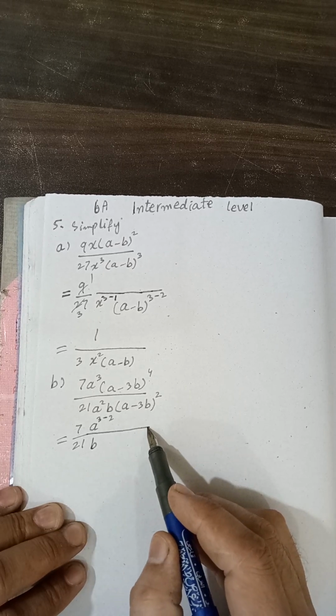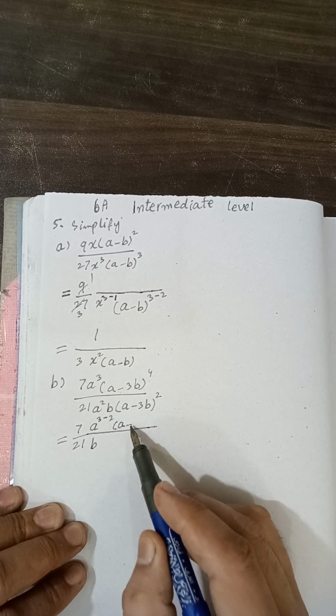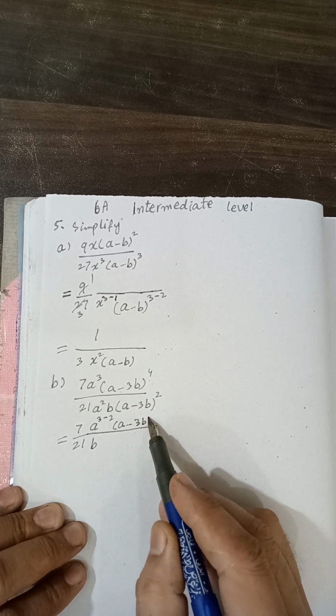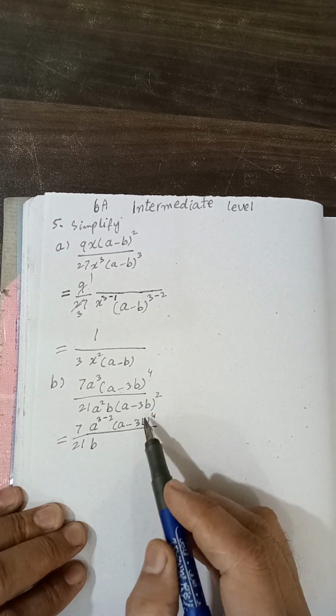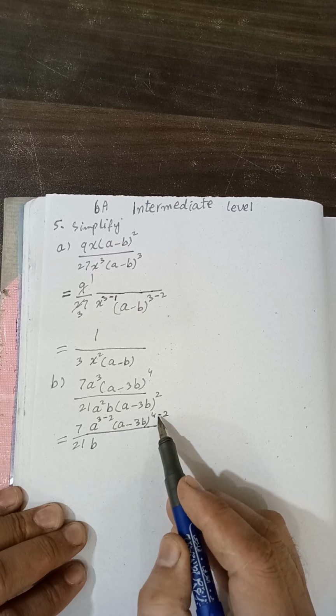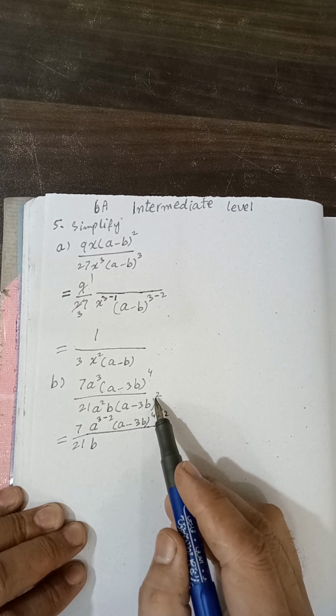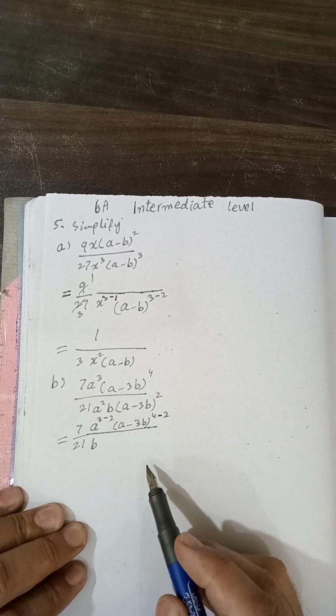And (a minus 3b) has higher degree in the numerator, so you will carry the lower degree from the denominator and you will write it here after changing the sign. It is plus here, and when it moves above it will become minus.